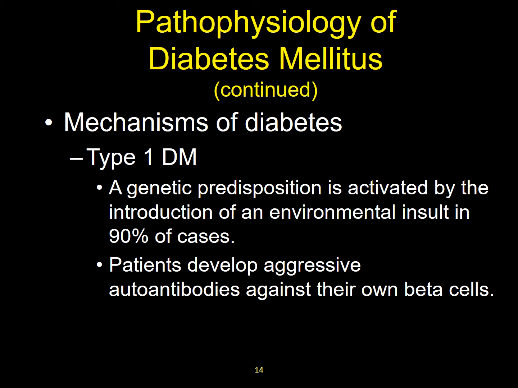All right, so type 1 diabetes, this is the absolute absence of insulin. The patient has no insulin on board. They are usually born with a genetic predisposition. This is a human leukocyte antigen, and then that genetic predisposition is activated by some sort of environmental trigger. There's a lot of theories on what that might be.